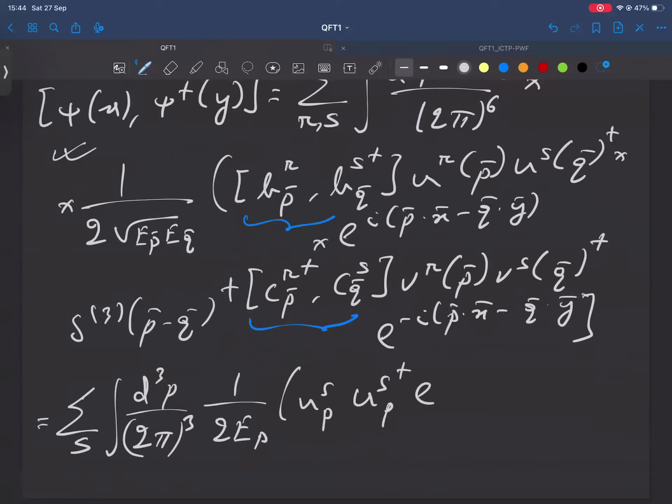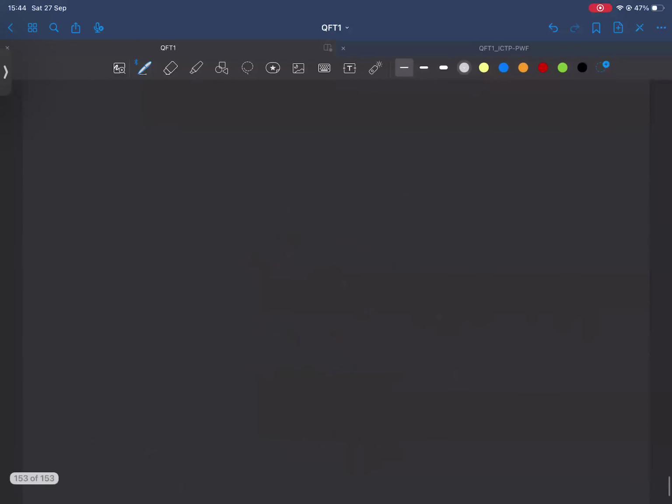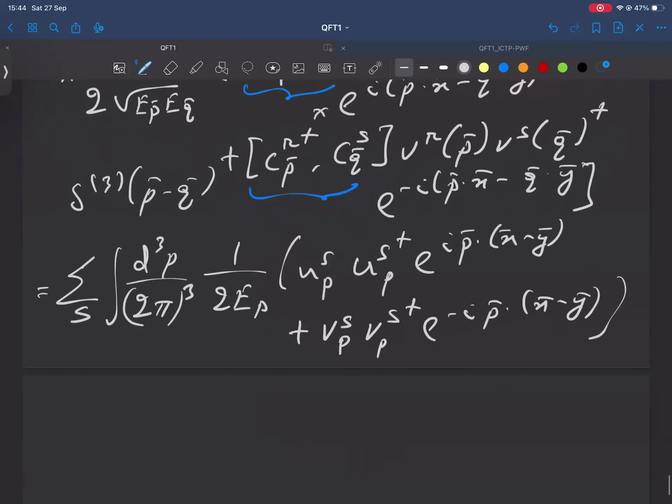And then e power I P dot X minus Y plus VSP, VS dagger P e to the power minus I P dot X minus Y. Okay.